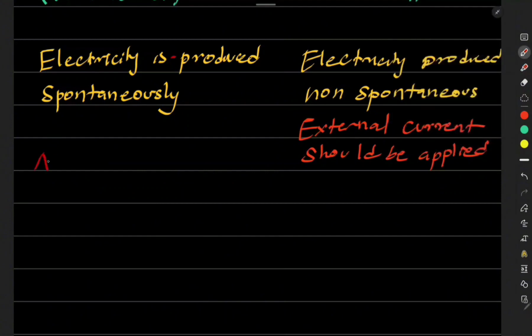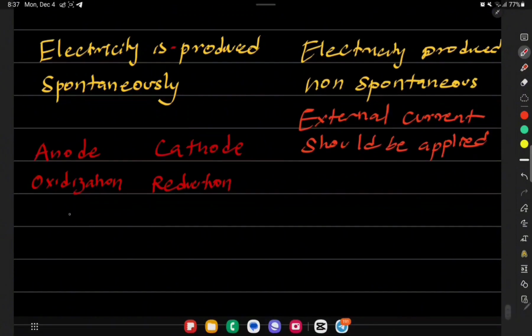Let's take the anode and cathode. The anode undergoes oxidization. The cathode undergoes reduction.